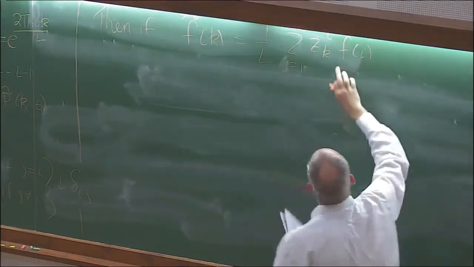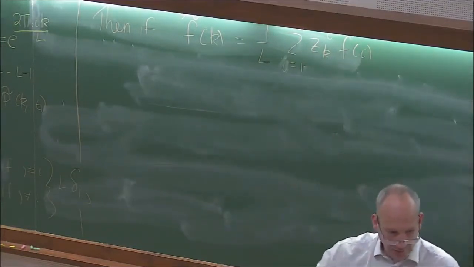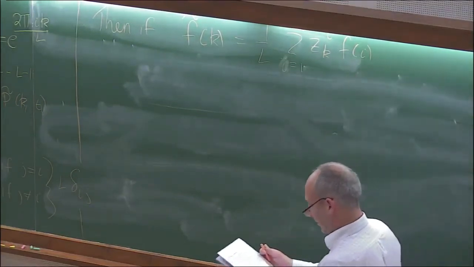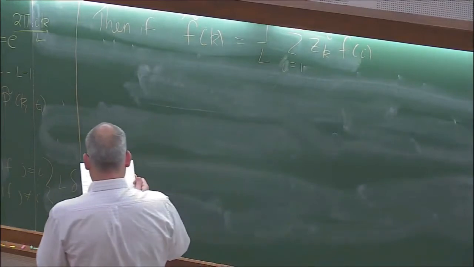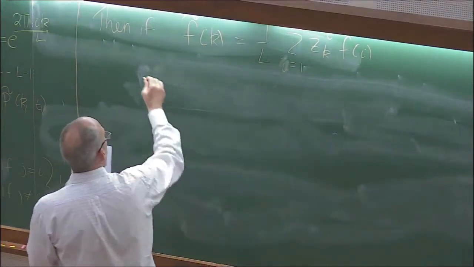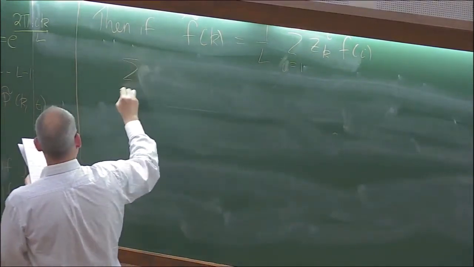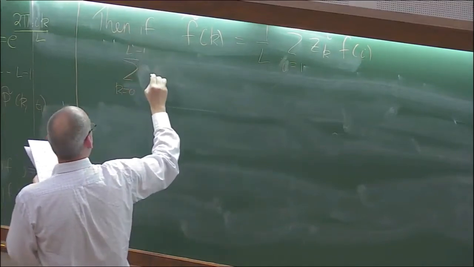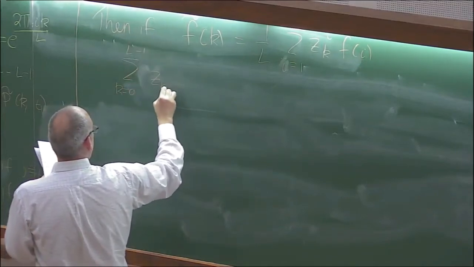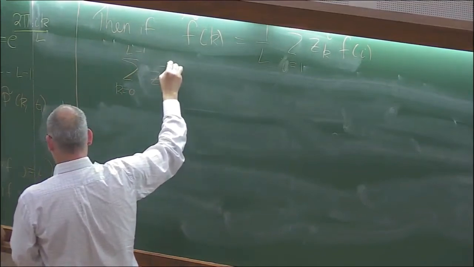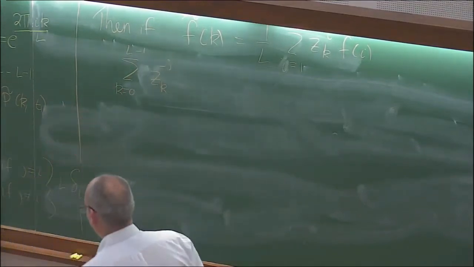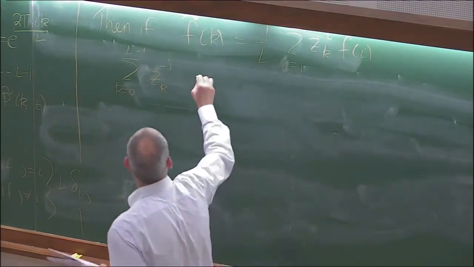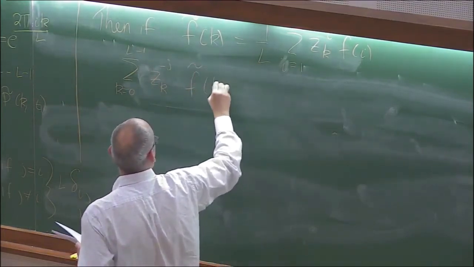So this is some function that's defined on real space. If I make the transform, then I can invert by noting that sum from k equals 0 to L minus 1, z_k, and this time minus j, times f tilde k.